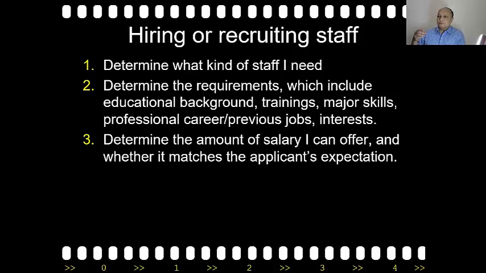You will look into their educational background, whether they have enough trainings for the position that you are offering, whether they have major skills that are needed for the position, their professional career, their previous jobs, whether they match your present requirement in your company, and also their interests. And then third is to determine whether the salary that you can offer them matches their expectation.